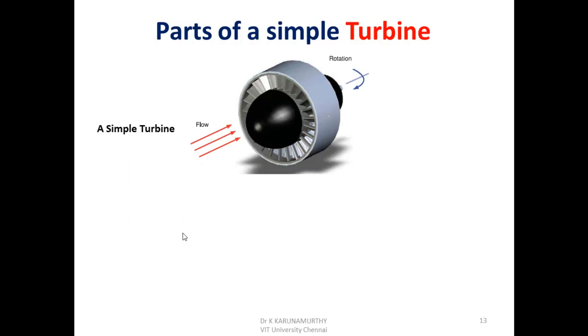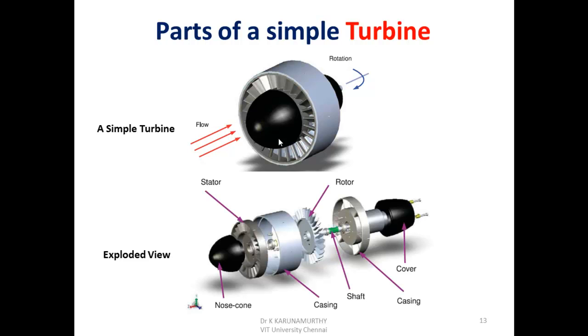This diagram shows a simple turbine, an axial flow turbine. When you see the exploded view of this, you can see the different parts of the turbine. As we discussed earlier, this has a rotating element, which we call a rotor, where we have the impeller.